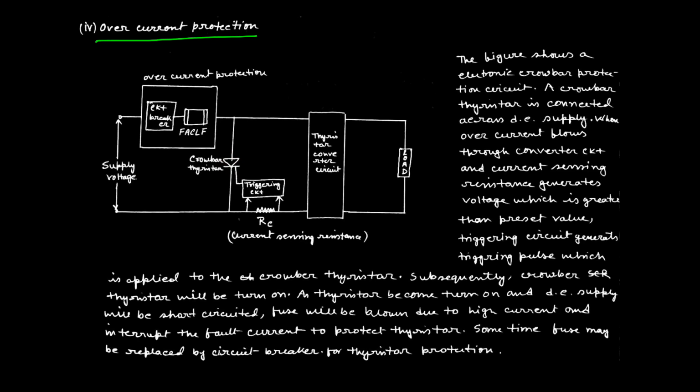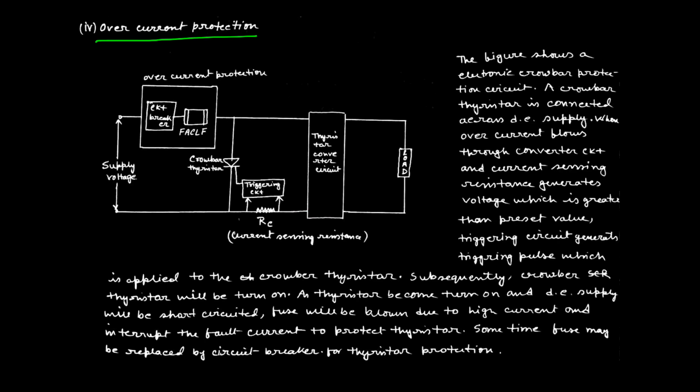Then this switch starts working as a short circuit. That is why the total fault current will be short circuited through this crowbar circuit and come back to this terminal. Then what happened? As the circuit breaker and the fuse are there, they will be destroyed. But it can protect the actual converter circuit, which is very expensive and very important for industry application.